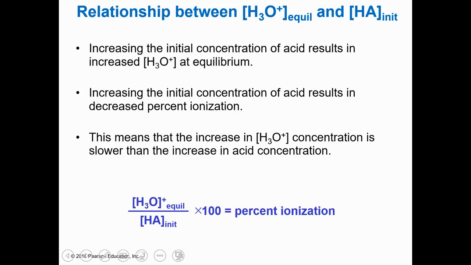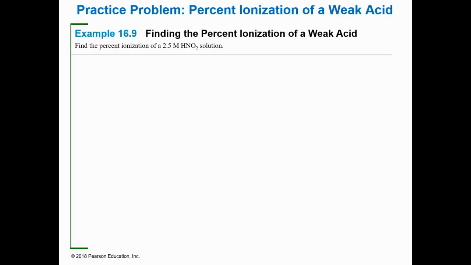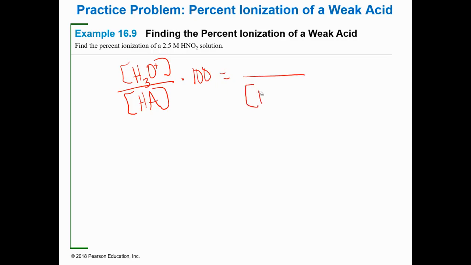Okay, don't forget our percent ionization. We're almost done with today's video. So find the percent ionization. To do that first, we need H3O+. So remember, it's H3O+ over HA times 100. Okay, I already have HA is 2.5.